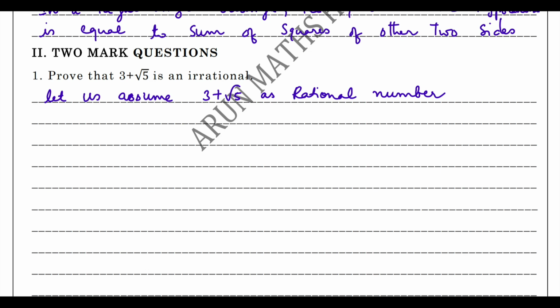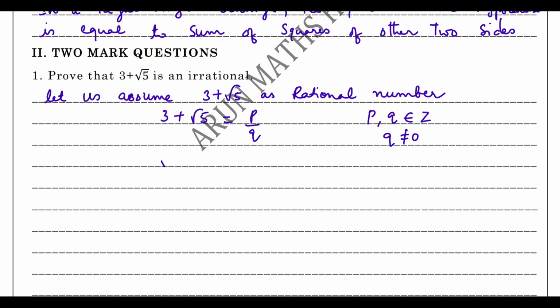First step, assume the number to be proved irrational as a rational number, by contradiction. What is a rational number? It is of the form p by q. Therefore 3 plus root 5 equals p by q, where p and q are integers and q is not equal to 0.